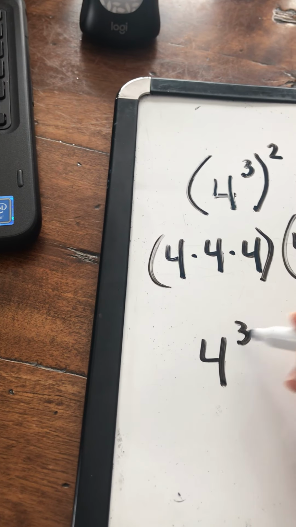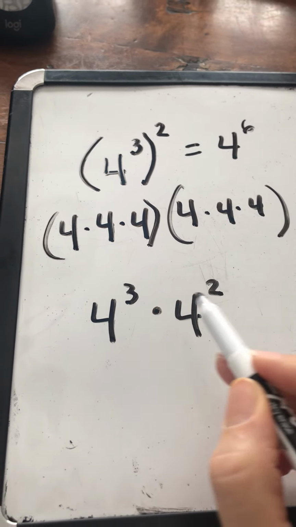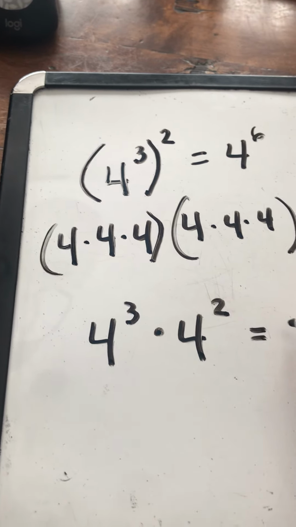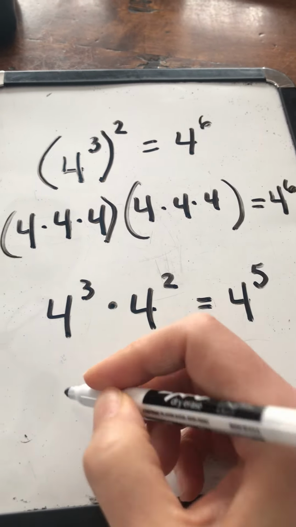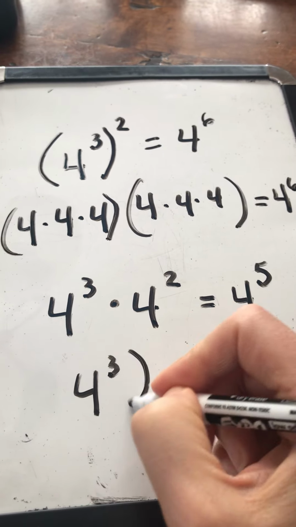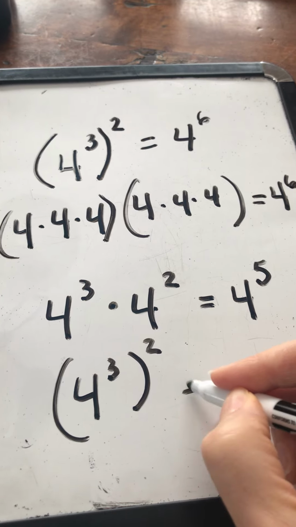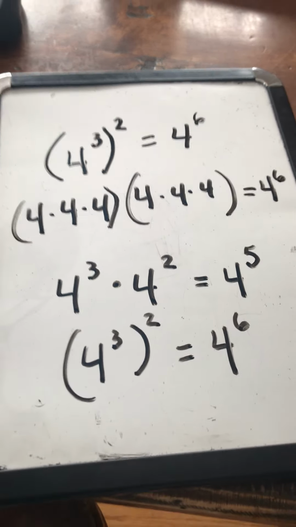That's different from this. When it's a base times that same base, but they have different exponents, you add the exponents. So that would be 4 to the 5th. But if it's a power raised to another power, so the 2 powers are right next to each other, the property states that you multiply the exponents.